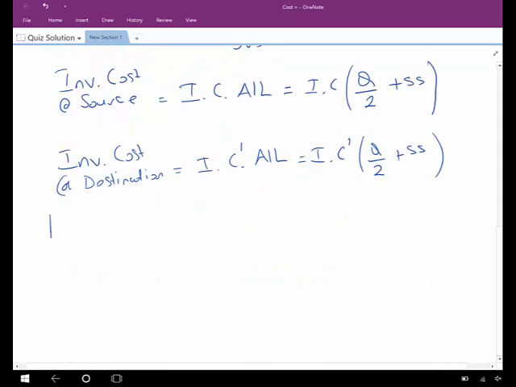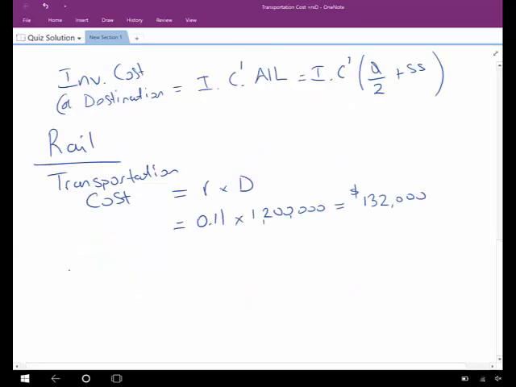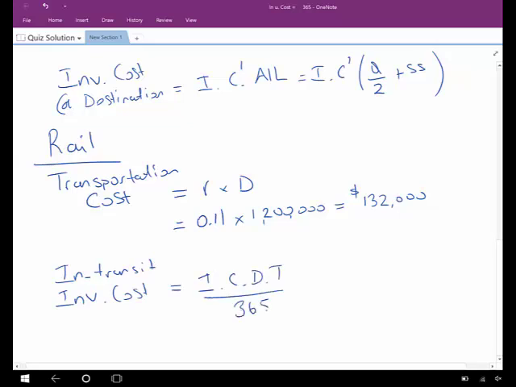So let's start with the rail transportation. Transportation cost is R times D. That is 11 cents multiplied by 1.2 million pounds, and that turns out to be $132,000. Next, in-transit inventory cost: I times C times D times T divided by 365.